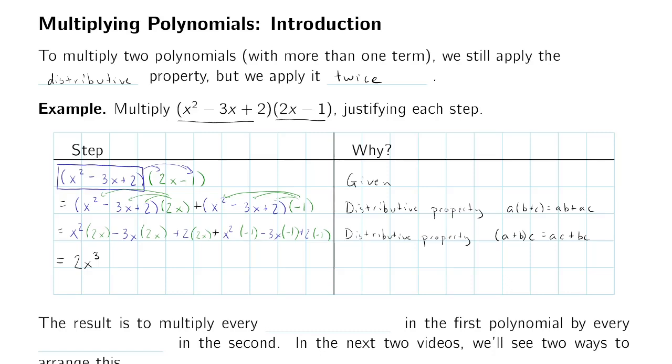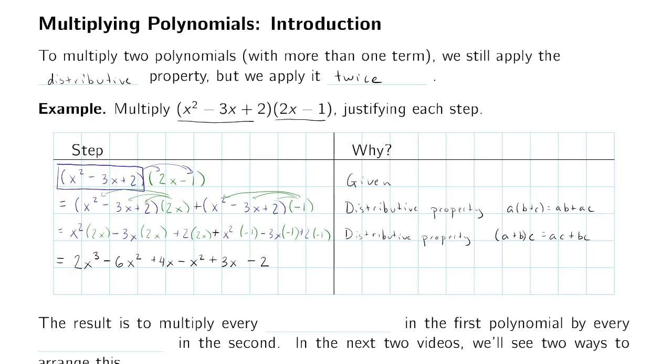Negative 3x times positive 2x will have negative. 3 times 2 is 6. x times x is x squared. 2 times 2x will have plus 4x. x squared times -1, that's negative x squared. -3x times -1, that's positive 3x. 2 times -1, that's minus 2.